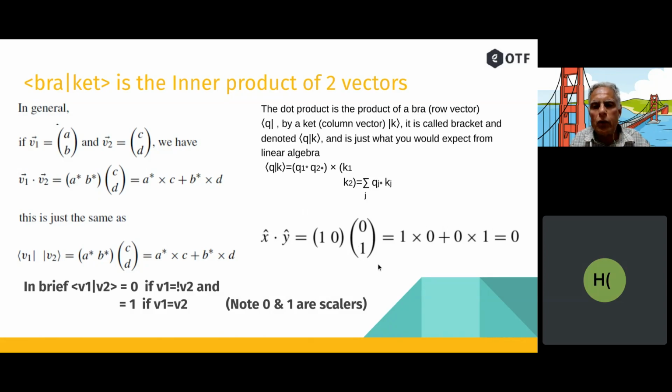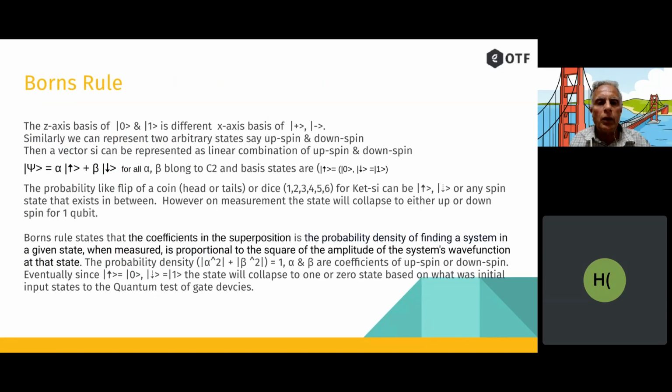If you get a 0 in this case, they are orthonormal, and if v1 is equal to v2, then it is 1, which means they are definitely the same or parallel. Okay, so this is what we have got here, and we move on to the next one.